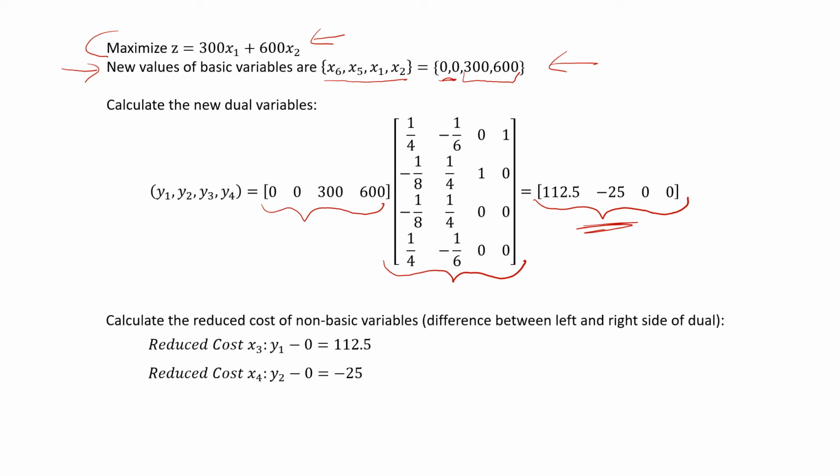From this, we can calculate our new top row. Y1, Y2, Y3, and Y4 corresponded to X3, X4, X5, and X6. That's our value for X3, X4, X5, and X6.